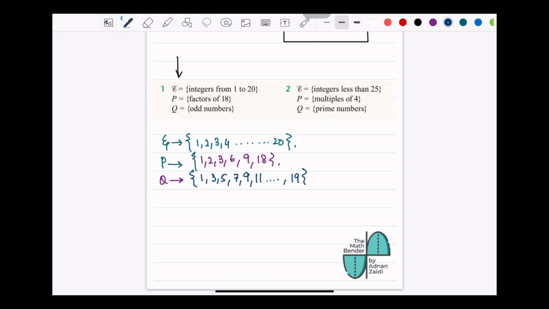Now remember that 21, 23, 25, 27 are also odd numbers, but our universal set restricts us to all the numbers between 1 and 20. So any set in any particular question cannot exceed the universal set. Every question will have a different universal set, and so different sets as well.